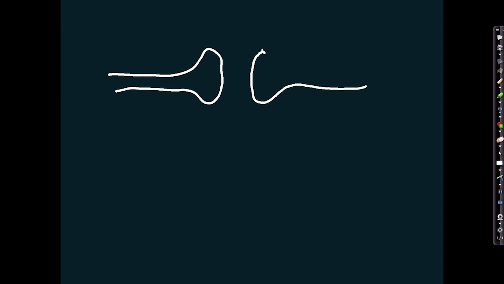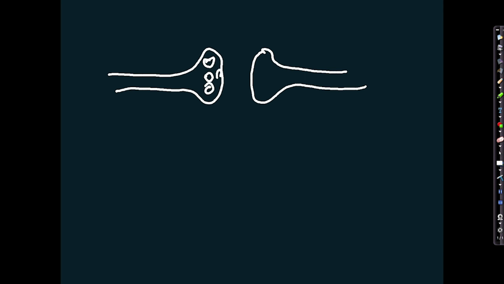Okay, so we have, which neurotransmitters have we looked at? Well, first of all, let's draw a synapse. Here's a synapse, like this. So we have looked at glutamate, for example, and we know that glutamate is released from synaptic vesicles.